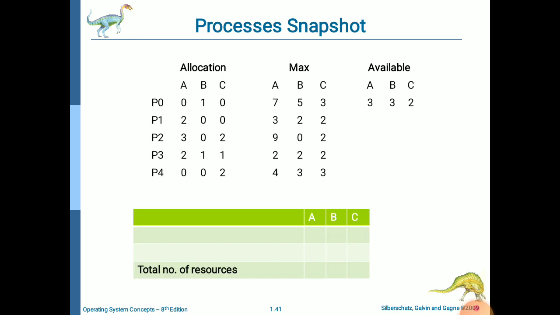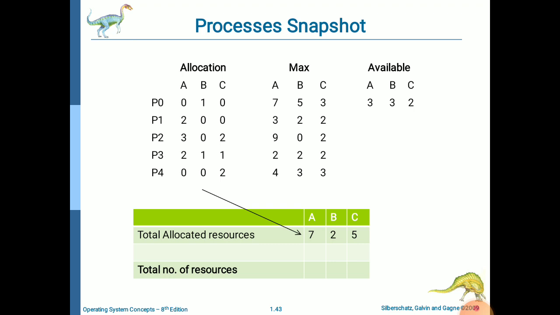So the total number of resources of A, B, C in the system is calculated in this way. The total allocated resources must be accumulated and put in the matrix here. A is allocated for P0, P1, P2, P3, P4 as 0, 2, 3, 2, 0.